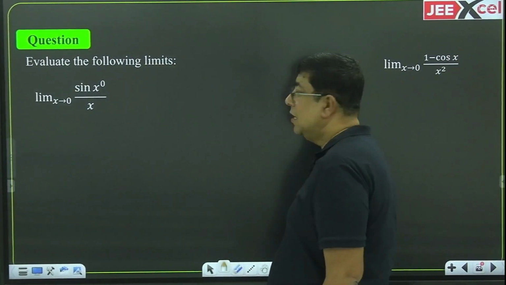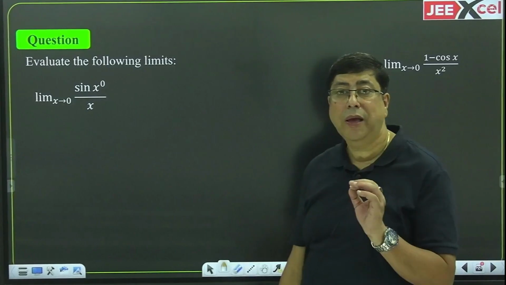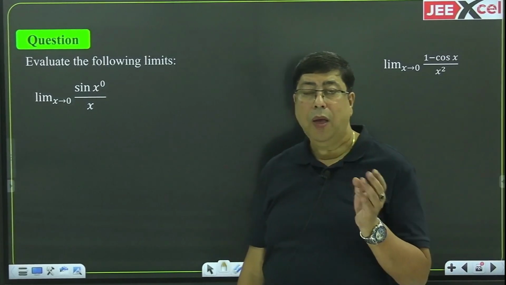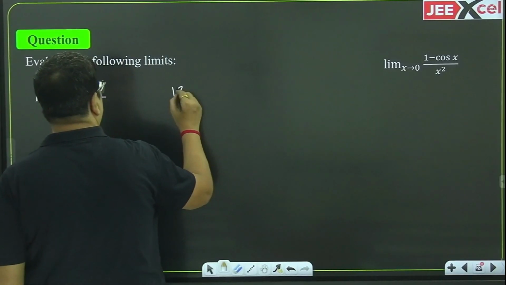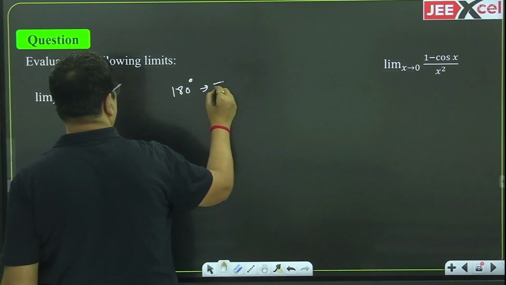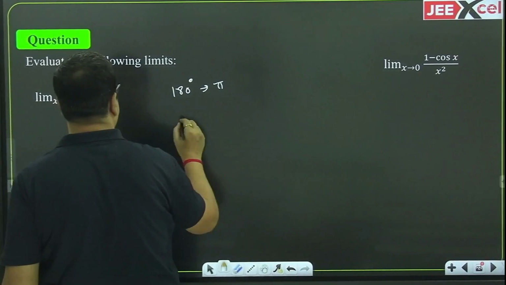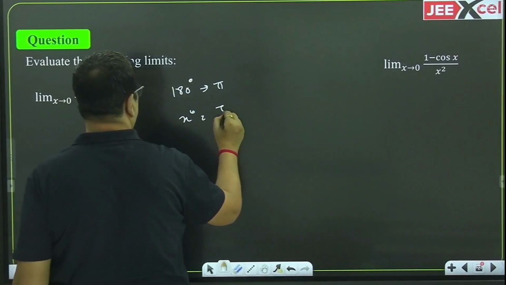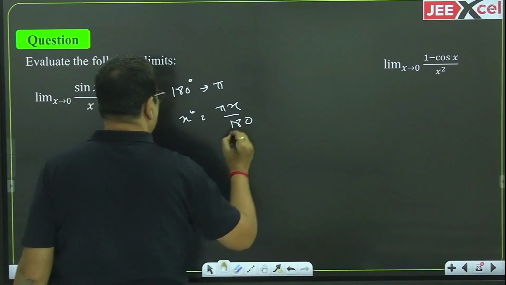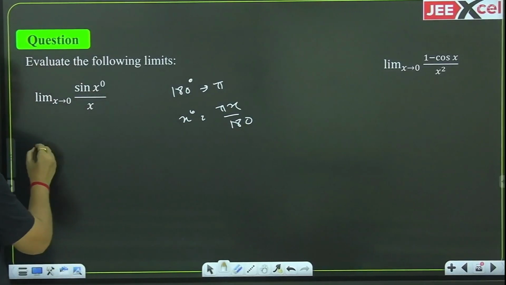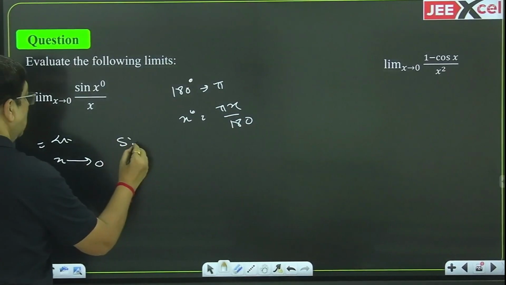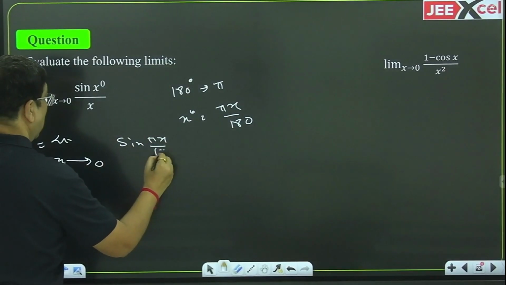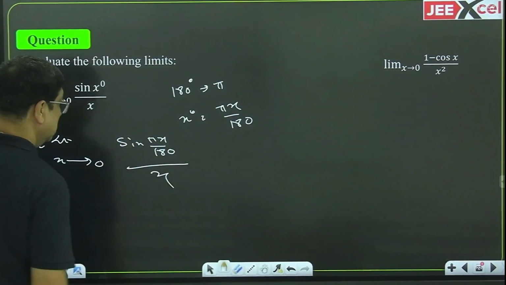Next, limit x tends to 0, sin x degree by x. So we have to convert it to radian. What we'll do? Let 180 degree equal to pi. So x degree equals pi x by 180. Now we can convert it into limit x tends to 0, sin of pi x by 180 total divided by x.